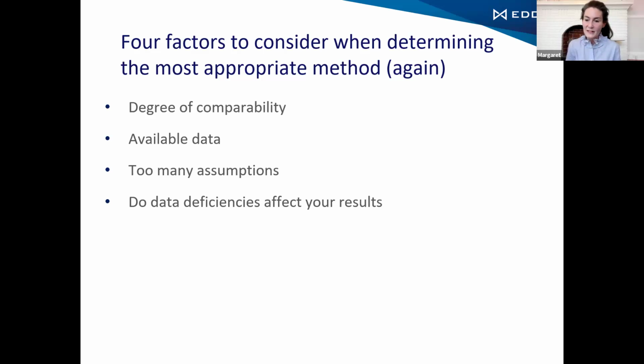You're looking at comparability. That has to do with the information that you gathered from your client, but also, is their data available? What assumptions did you make? And how are those assumptions or potential issues with the data going to affect your results?